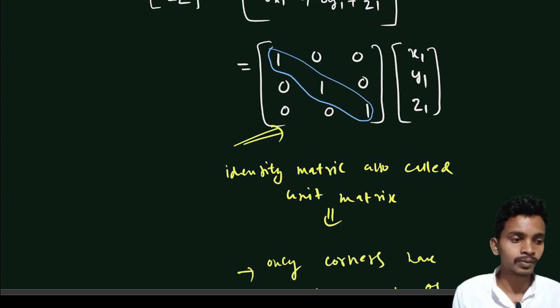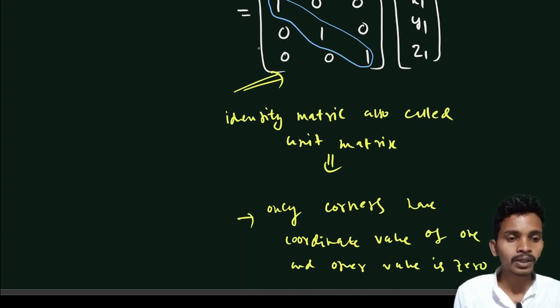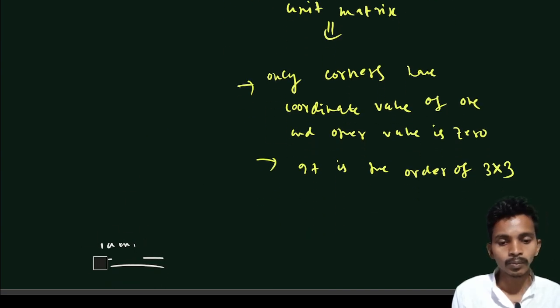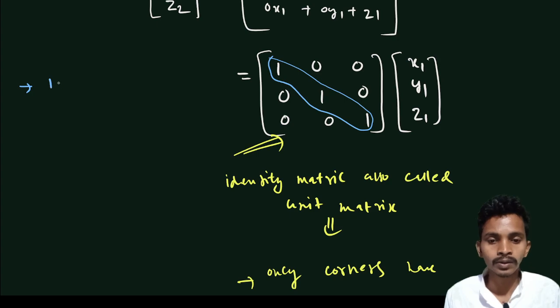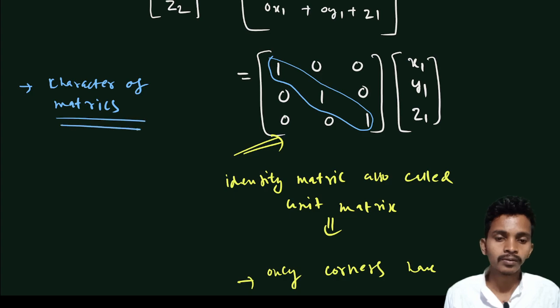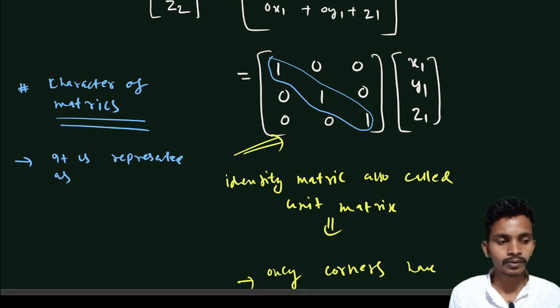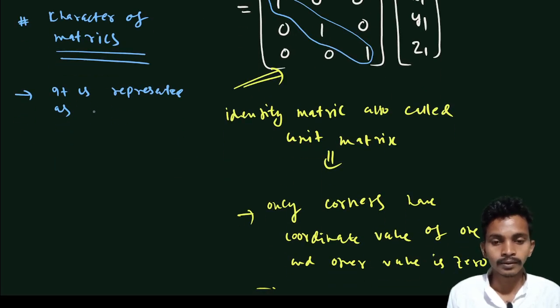So the off-diagonal values are all 0. Another very important thing, why we are studying these matrices, is the diagonal. We'll learn about the character of matrices.